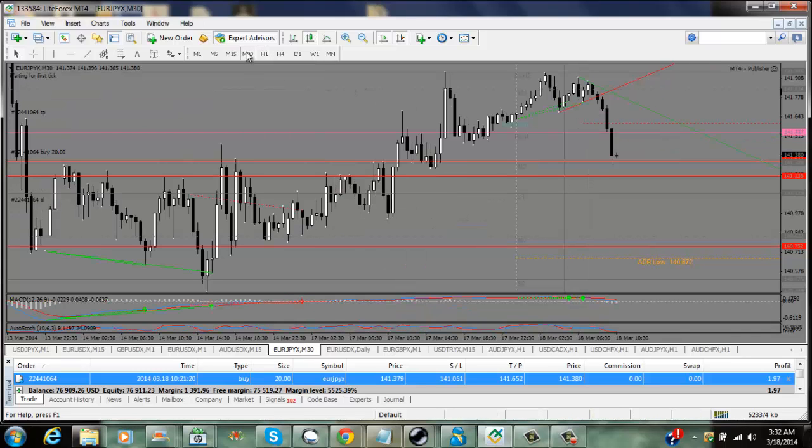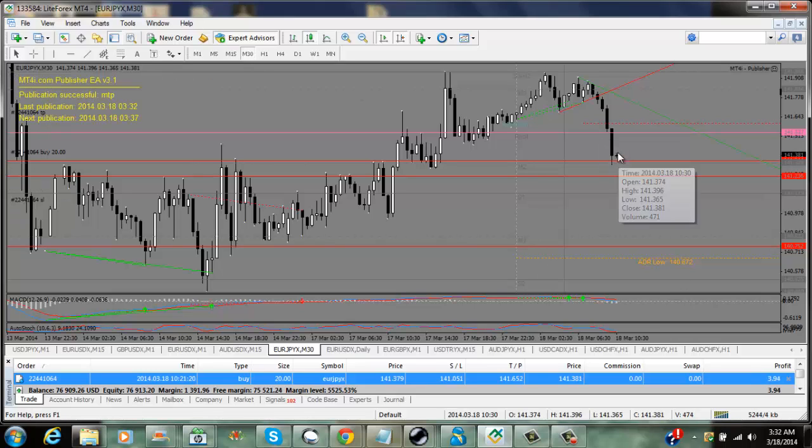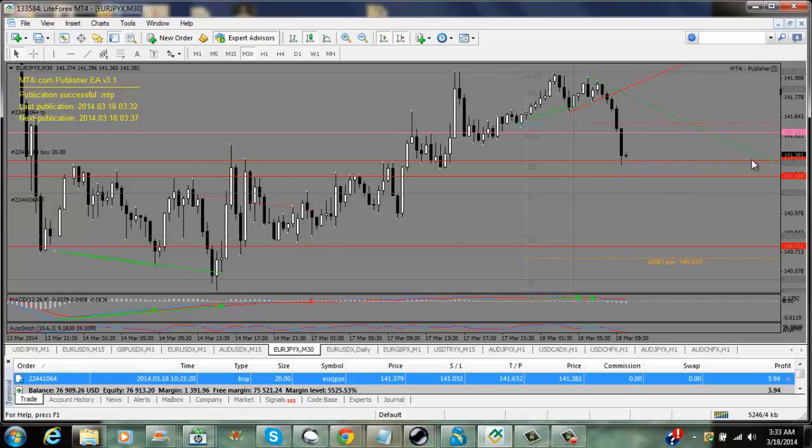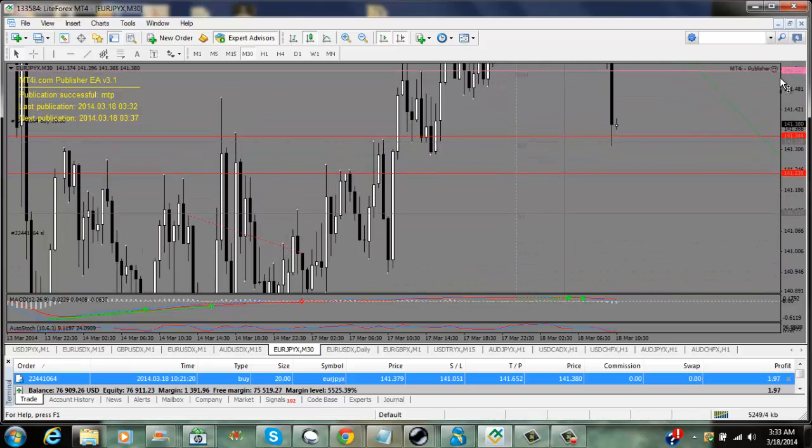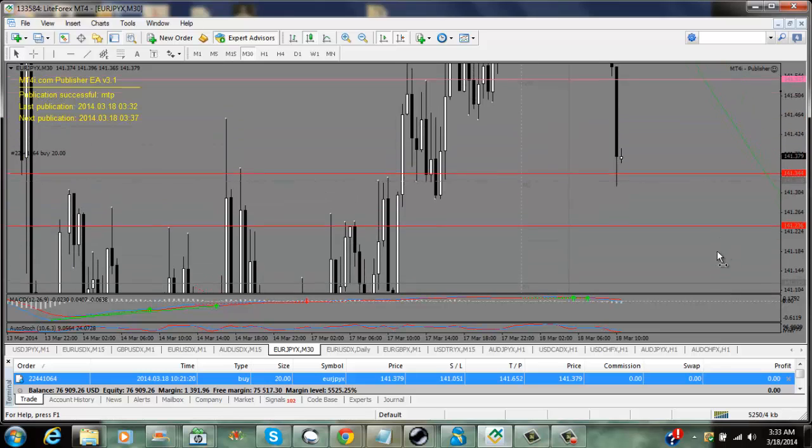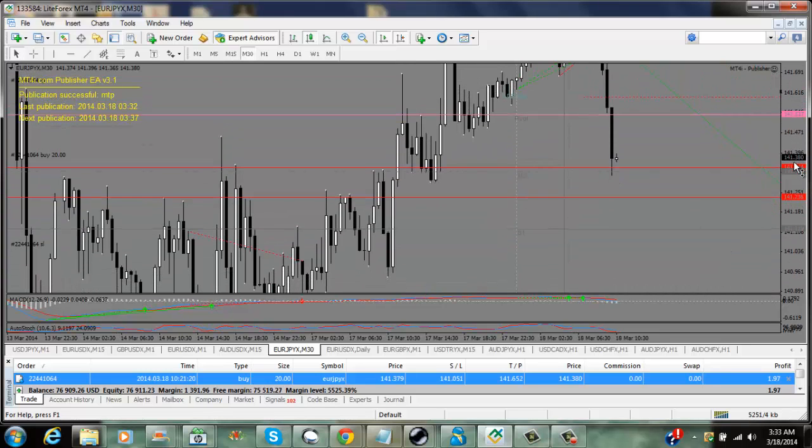The 30-minute chart, let's take a look here. We're 2 minutes into the 30-minute, because every candle represents 30 minutes on this time frame. And we're starting to see just a tad bit of retracement here. We had a nice fall.